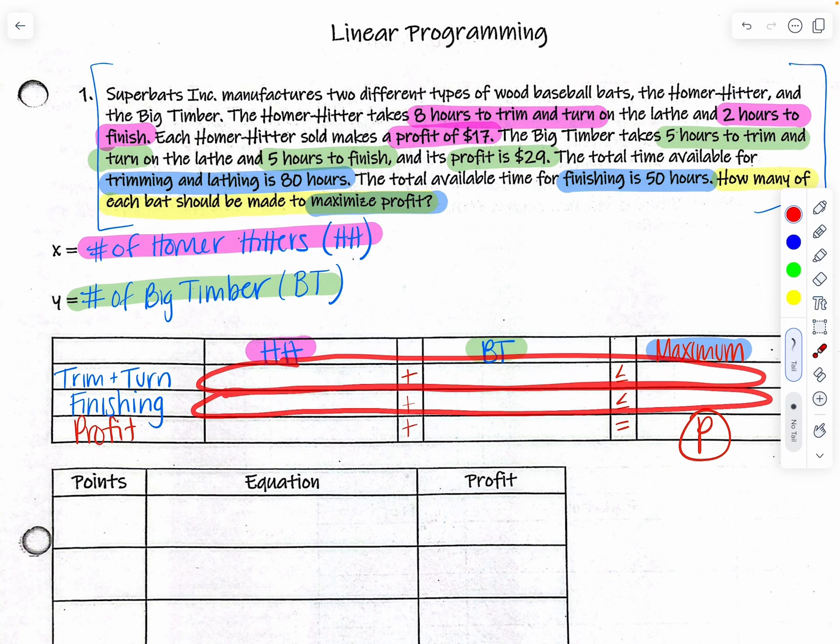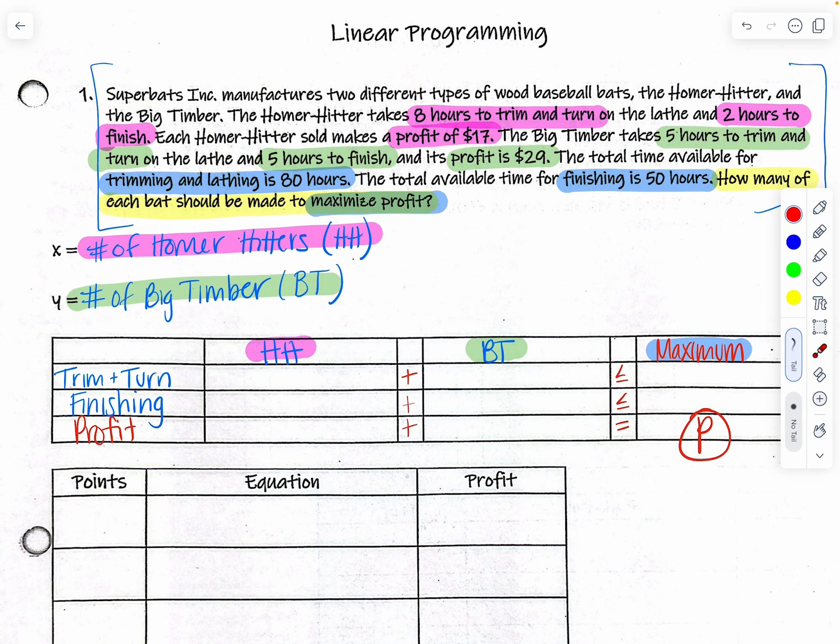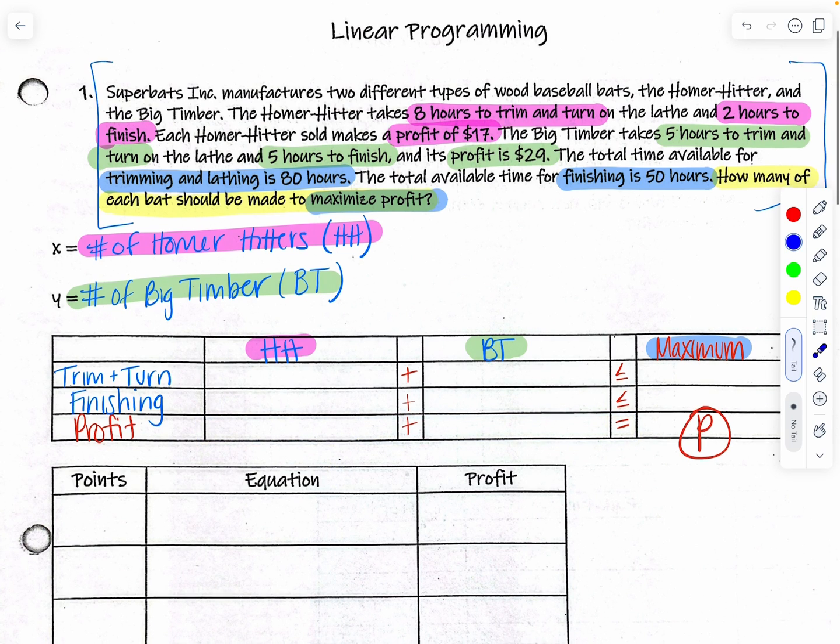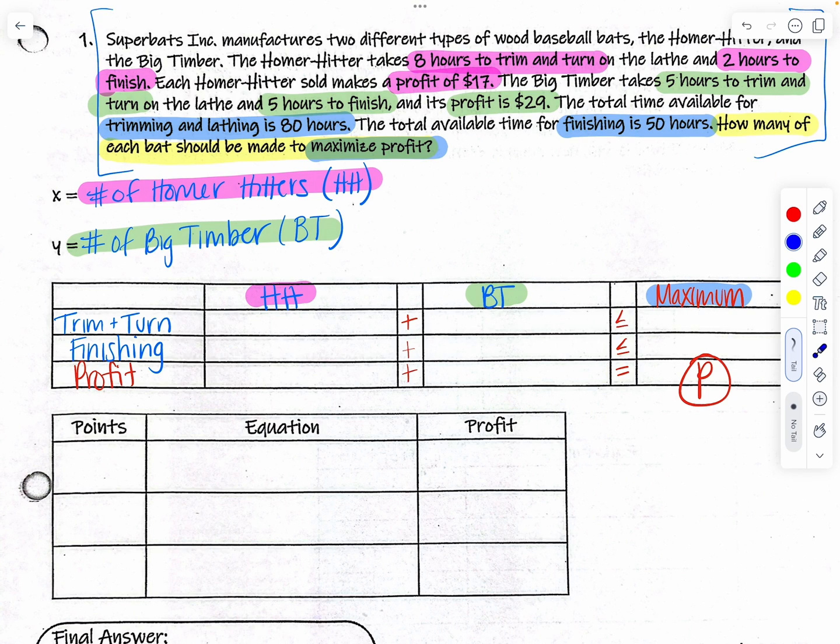So those go on Desmos. And this profit part is going to be used right here for your equation. Remember, your points are going to come from your double shaded region, your feasible region, and you'll use Desmos for that.